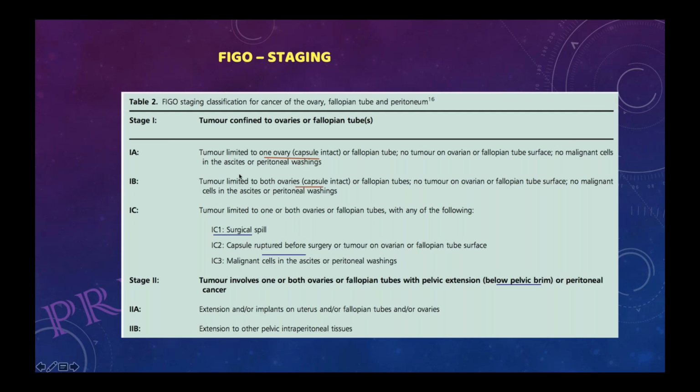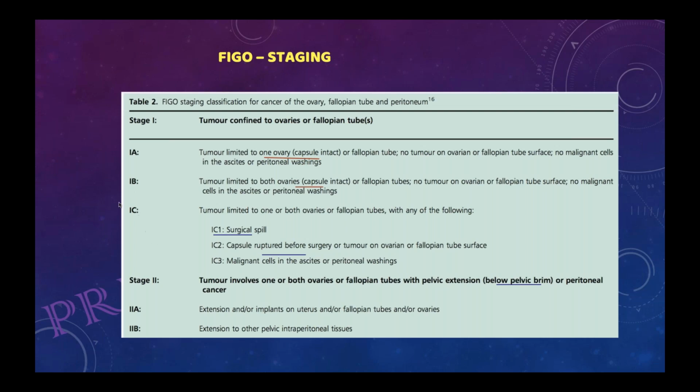Now I'll be speaking a little about staging also, though it will come in the next class too. Stage 1, where the question comes from, you have to know. In stage 1A, only one ovary is involved, capsule intact, no spillage, nothing. In 1B, both ovaries are involved, capsule intact, no spillage.